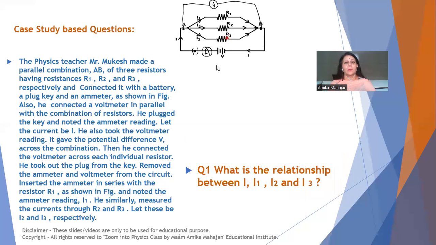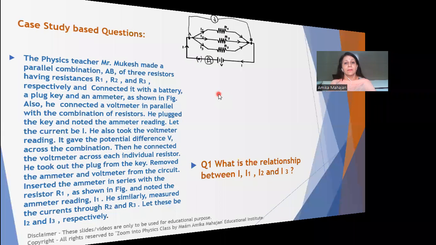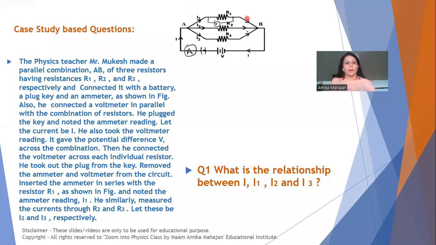What he did, he connected this voltmeter across AB. He plugged the key and noted the ammeter reading. Let I be the current. He also took the voltmeter reading. It gave potential difference V across the combination. Then he connected this voltmeter across R1.